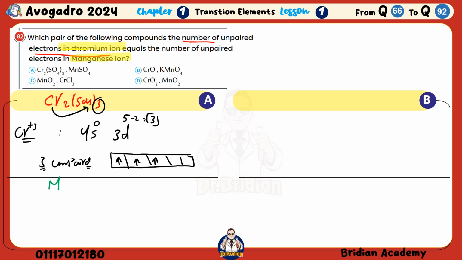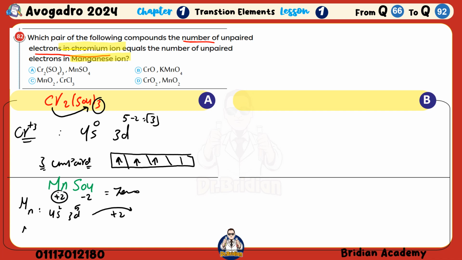Second compound, manganese sulfate. Okay, the oxidation number of manganese will be positive 2 because sulfate is minus 2, so manganese will be positive 2 to make the whole charge of the compound equal 0. Manganese in atomic state is 4s2, 3d5.